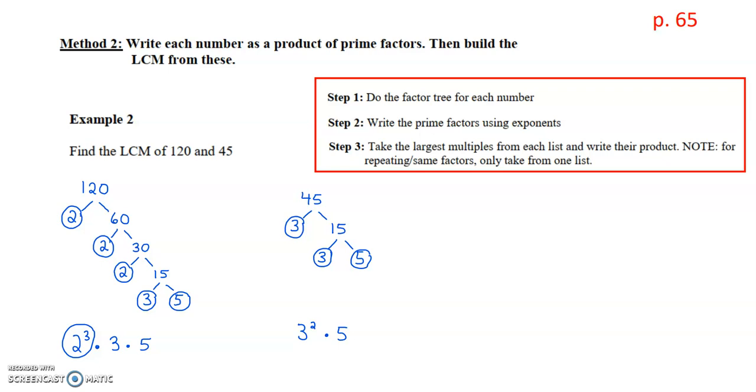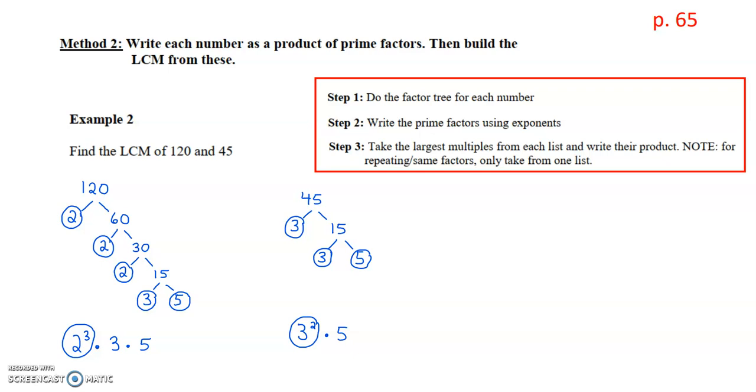So the 120 gives me a 2 cubed. I take that one. Now check out the 3's. 120, I just have a 3. On the 45, I have a 3 squared. 3 squared is bigger than 3, so I'm going to take this one. So if they match, I take the bigger one. If there's nothing to match, I have to take it.